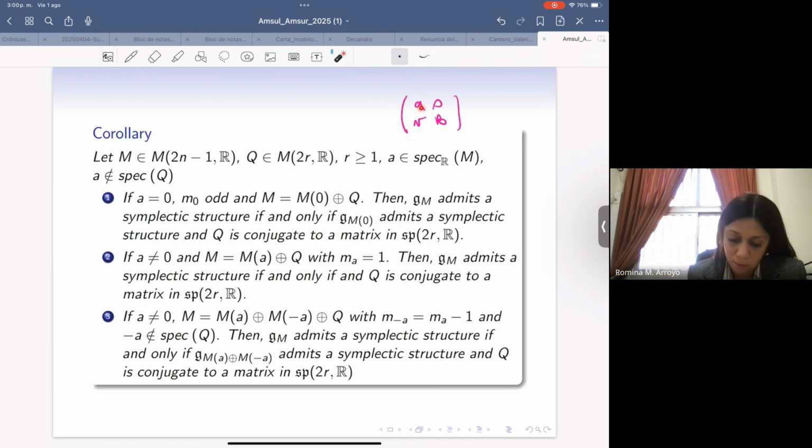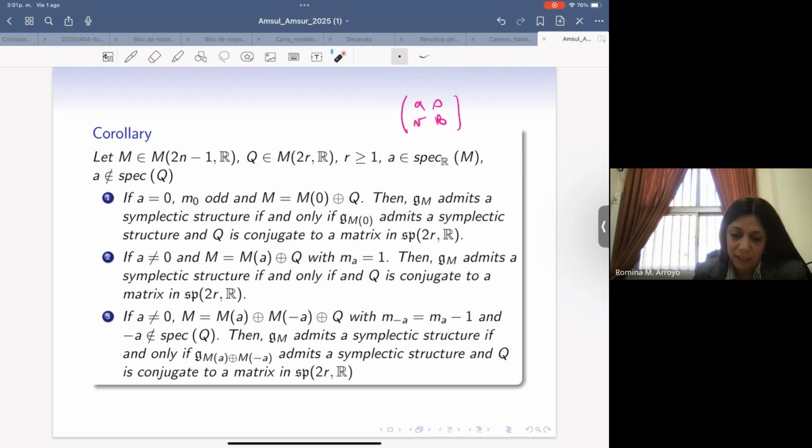If A is equal to 0, then capital B can have 0 as an eigenvalue. So then we can write M like this, and then GM will admit a symplectic structure if and only if the nilpotent part admits a symplectic structure, and Q lies in SP.